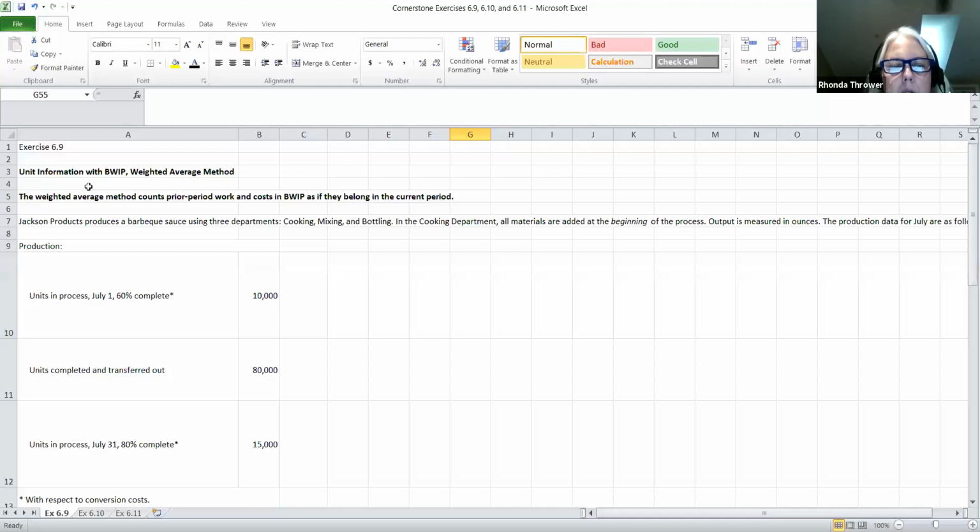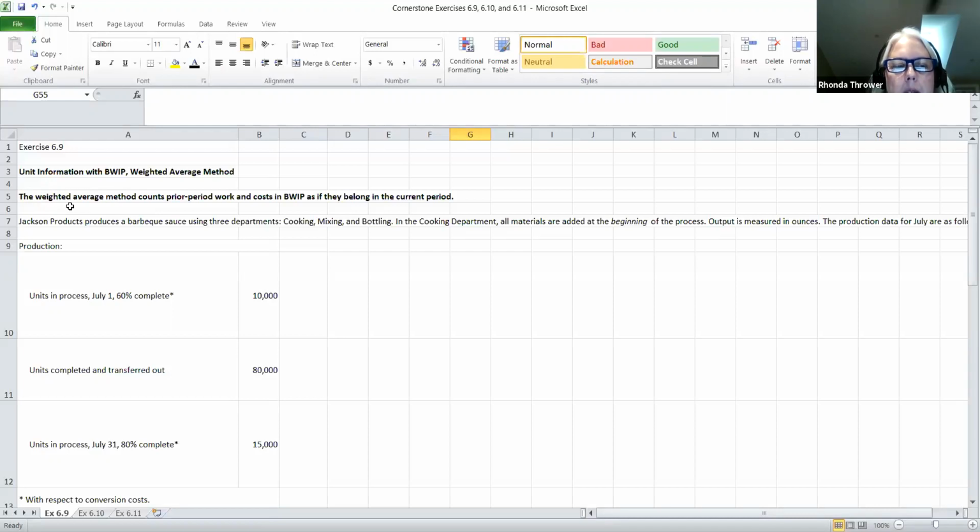But we're going to be doing the top half of the cost of production report using the weighted average method, which is a little bit different from the FIFO method. We're also going to be dealing with some beginning work in process inventory in this problem. So there's going to be some work in process inventory that comes from the last period that is brought forward.